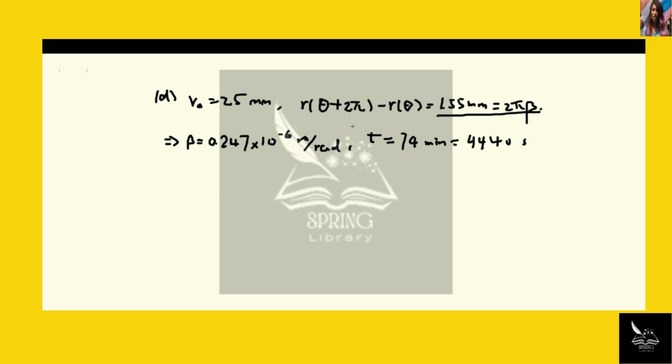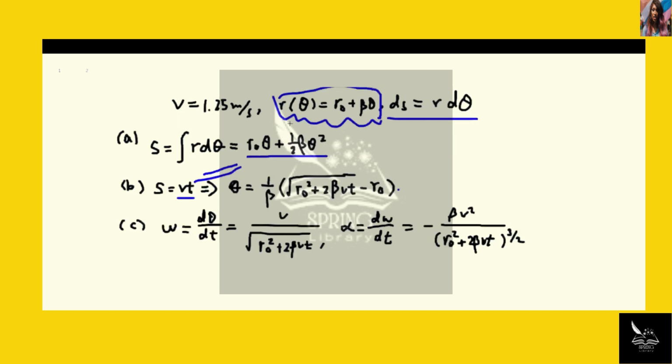So plugging beta, t, and r0 into the expression for theta. So we plug in beta, t, and r0. V is also given. So everything is known.